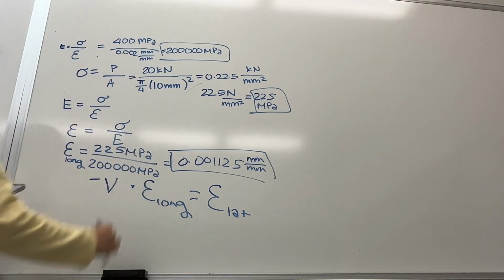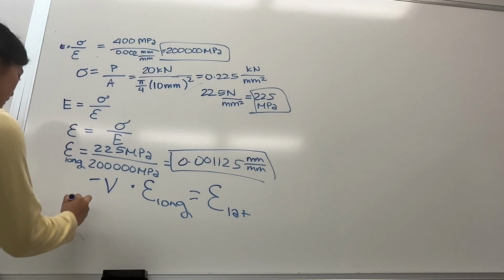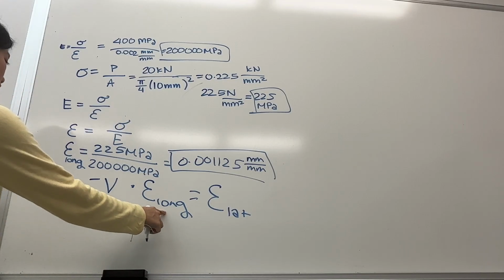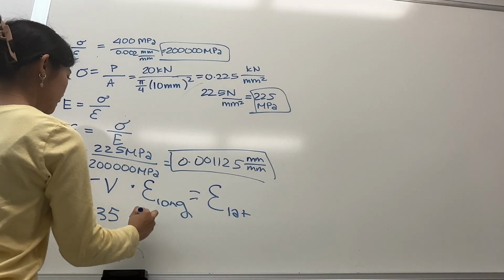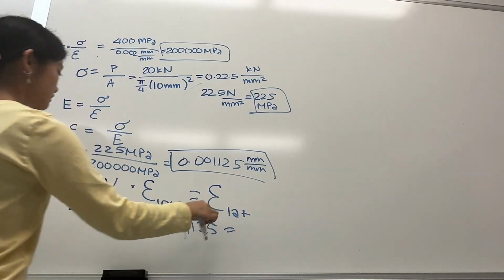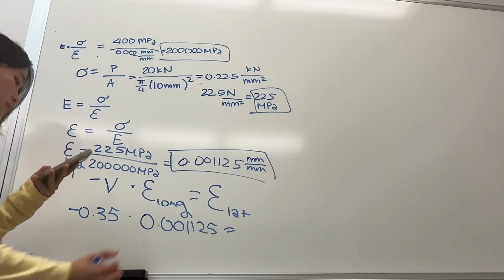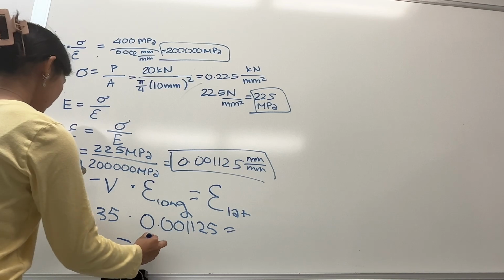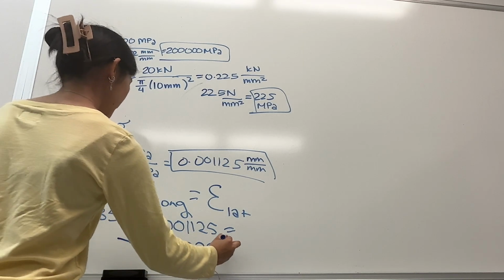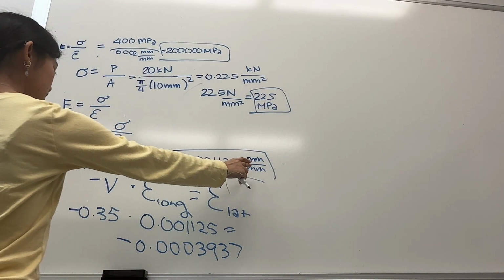Because the Poisson ratio is already provided, 0.35, and we just got our longitudinal strain, we multiply by 0.001125 to receive our lateral strain, which is negative 0.0003937.